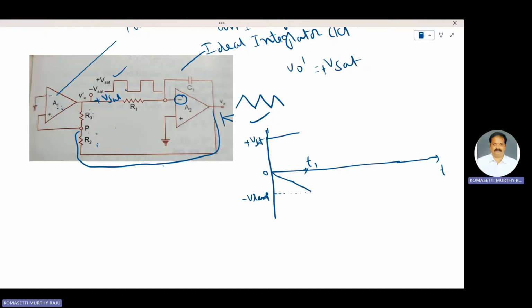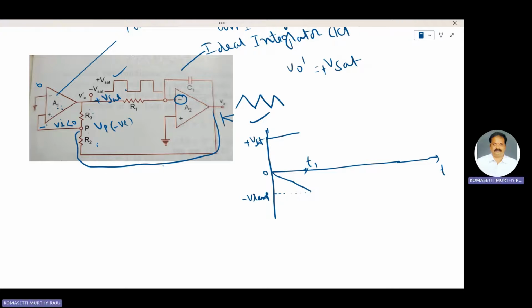The effective voltage at point P, that is VP, becomes slightly less than 0 volts, that means VP is negative. Negative means VP is less than 0.